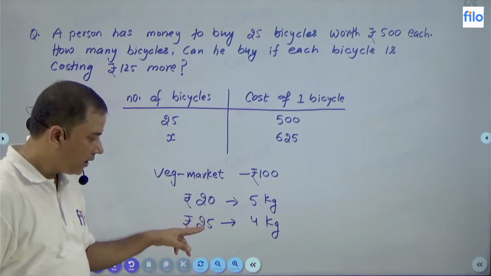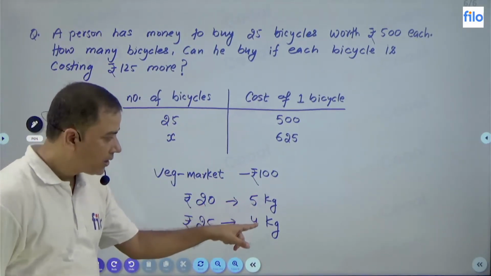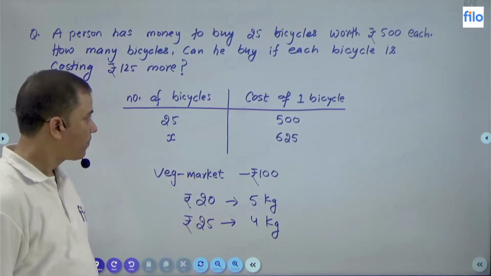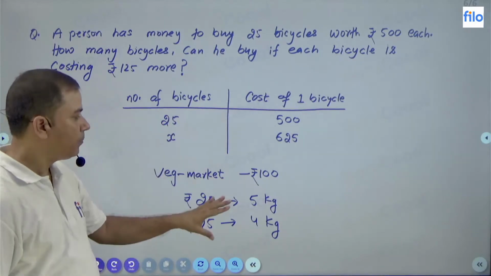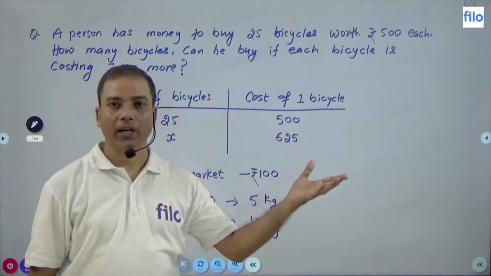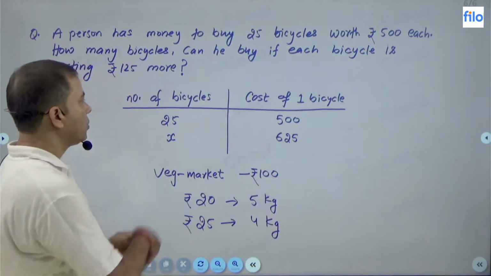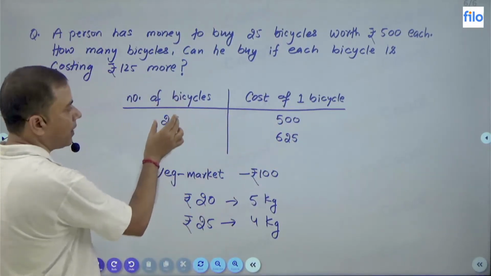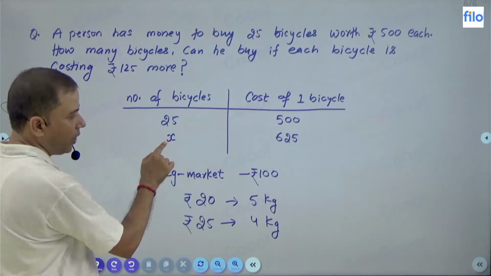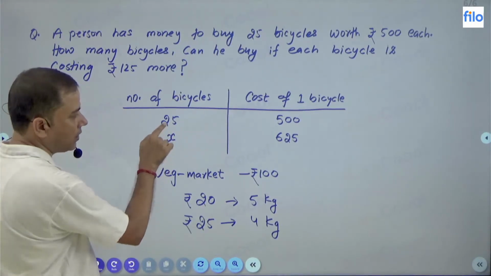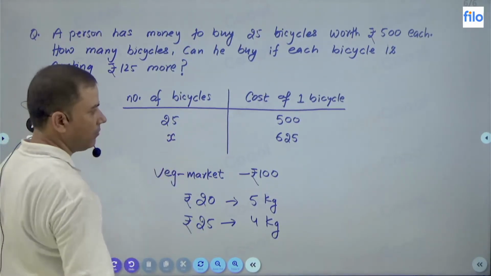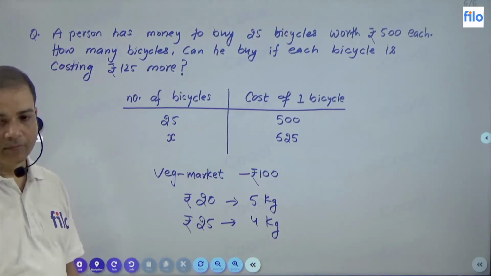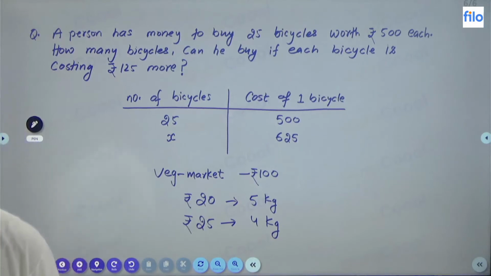Cost per kg increases, quantity decreases. So they are in inverse proportion. Here it is the same thing. In place of potatoes, it is bicycles. So cost per bicycle increases, the number of bicycles will be lesser, not more. It means x is lesser than 25, not more than 25. Right or wrong? Understood? Yes.